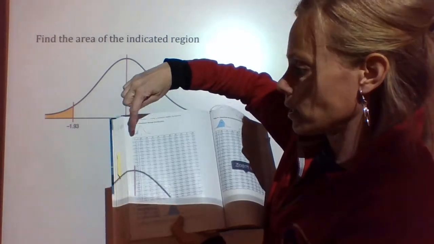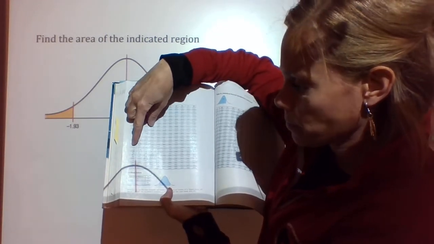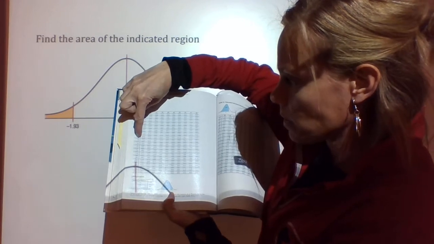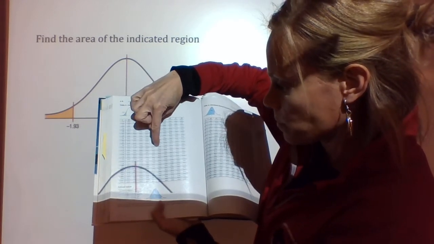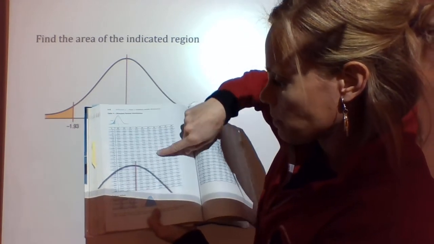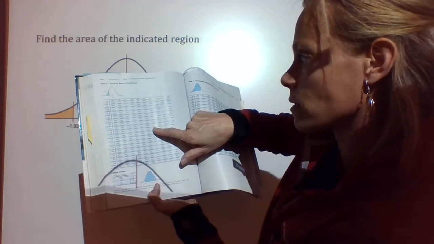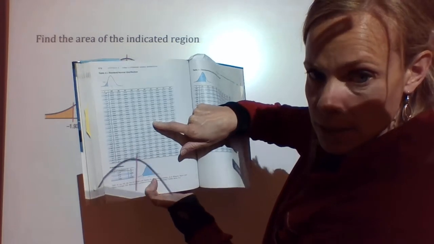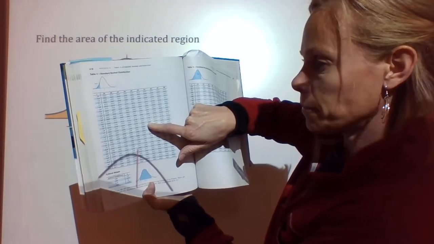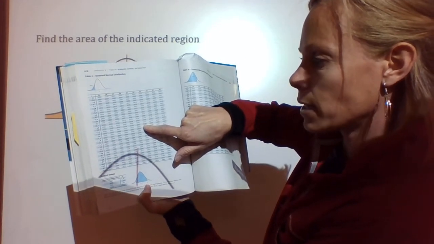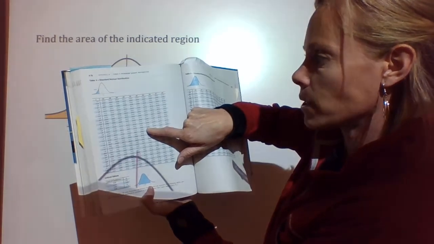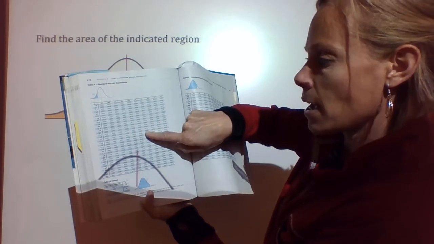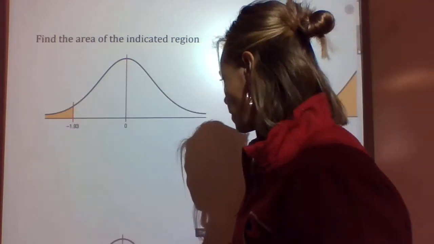So negative 1.93, I would go negative 1.9, which is here, and then negative 1.93 would be all the way over here. So it'd be 0.0268. Okay, so I go down negative 1.9 over to the 0.03, and that is 0.0268.